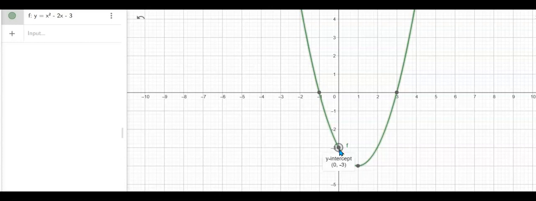Let's look at this point. If you click it, it tells you the y-intercept is (0, -3). Remember we talked about when the quadratic equation is in y equals ax squared plus bx plus c form, the a always tells us, is the graph opening upward or downwards? The c always tells us where the y-intercept is.